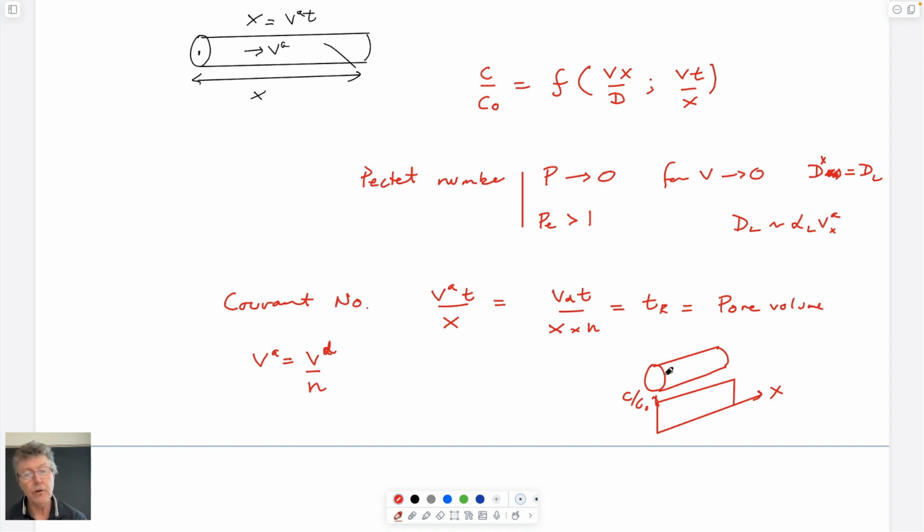So when one pore volume of fluid has entered the core, the tip of that pulse of water will be exactly at this end. If it's plug flow, this front will be exactly at the end of this volume. So the Courant number, which is TR, equals 1 pore volume.